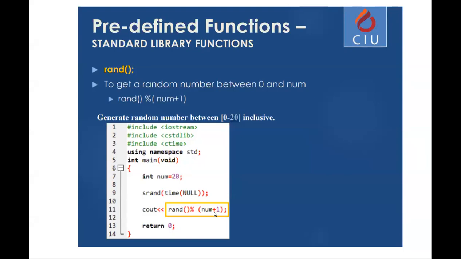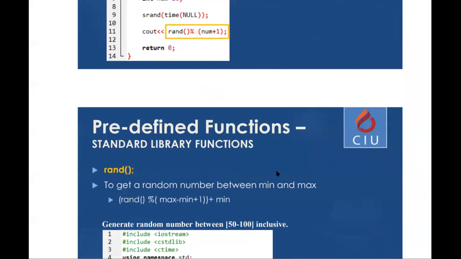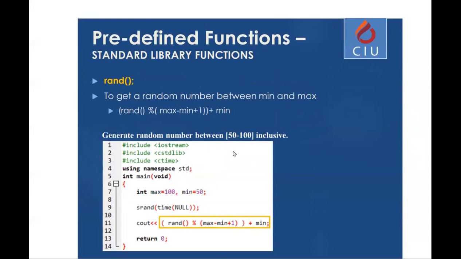Once you have done this, you can actually complete the program. There is also another way if you want to put a random number within range, such as assuming that the random number is in between 0 and 20. You can put the random number using this specific formula here.